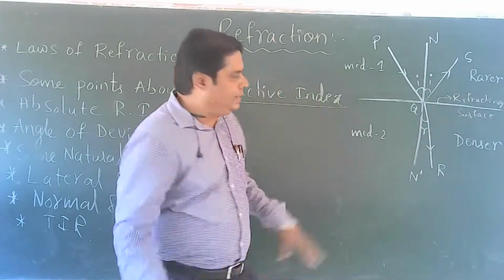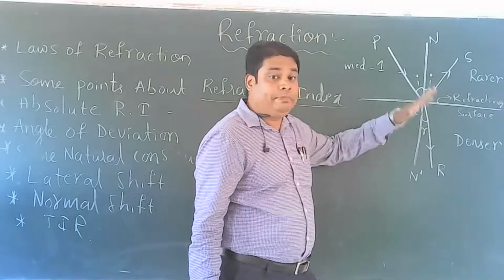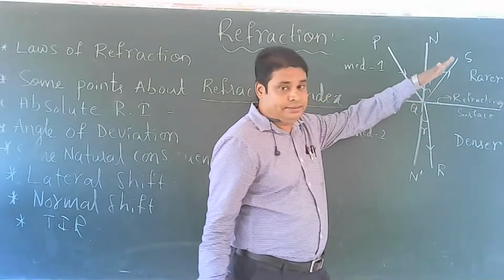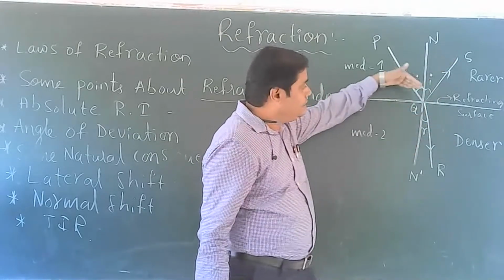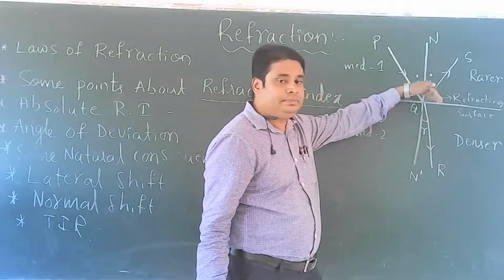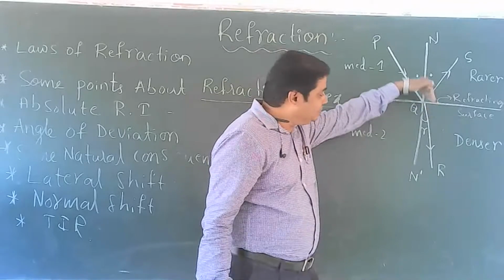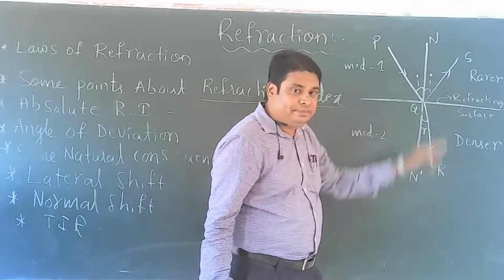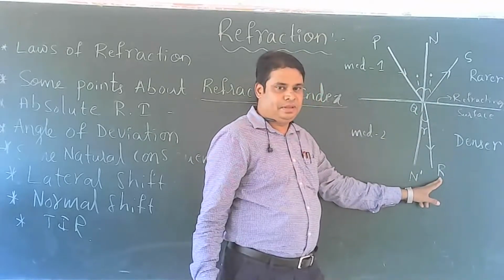When a ray of light is incident, a part of light is reflected and part of light is transmitted. Part of light enters the second medium.